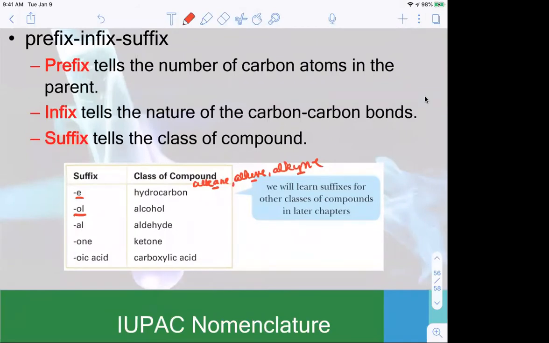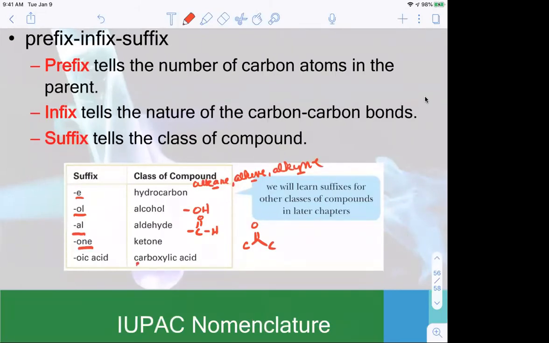If I have an ol ending, that's an alcohol, which remember has that OH. If I have an al, that's an aldehyde, which means I have this aldehyde functionality. One is a ketone. Remember, my ketone has a carbonyl connected to 2 carbons.